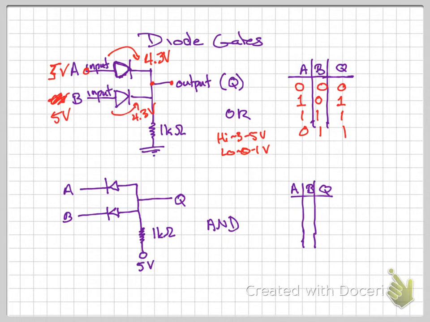The output is going to be 4.3 volts unless both inputs are 0 volts. Of course, one of the things that I was not careful about, which is going to be more relevant for the AND gate, is when I had 0 volts on B. How do you put 0 volts on B?